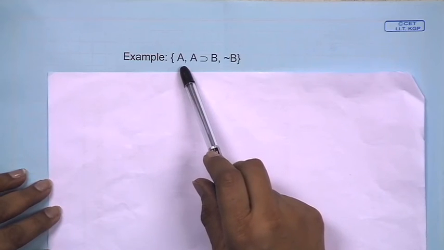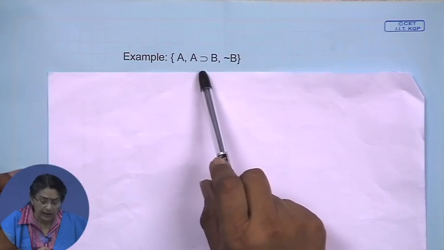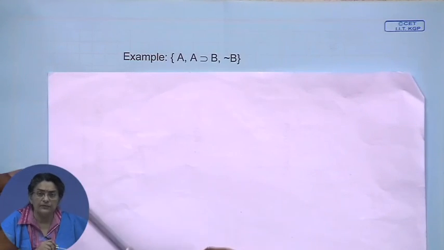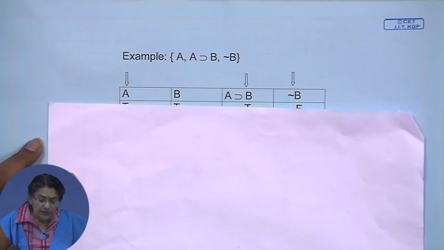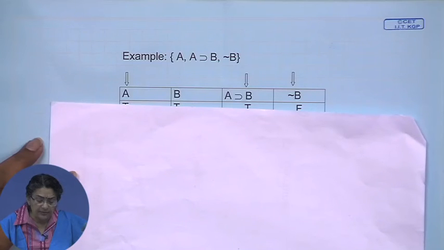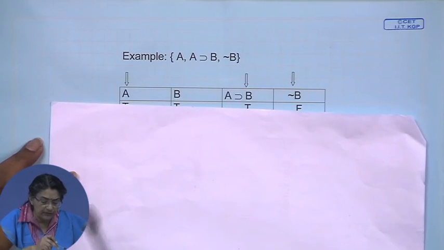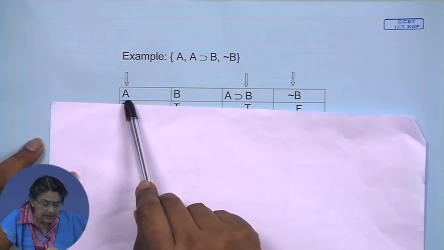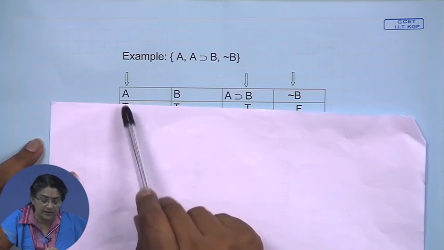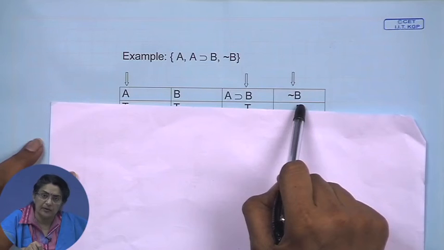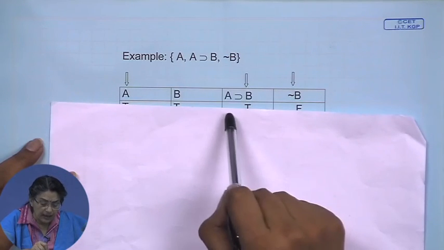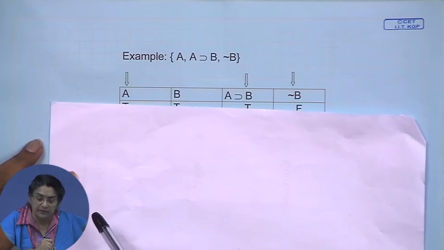So, here you have A, B and A tilde B, and you have the A horseshoe B. Your truth table column heads are going to be like this. These two are the reference columns, but this is also a member of the set, and you have the tilde B, that is a member of the set also, and this is your A horseshoe B, right.